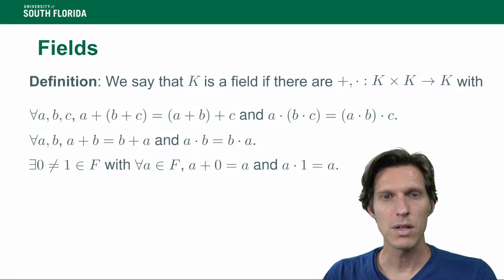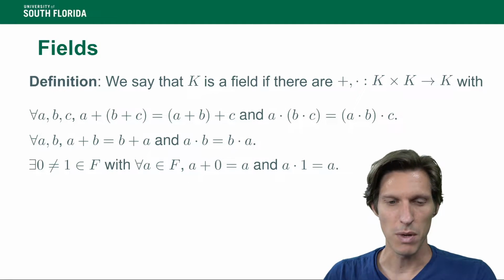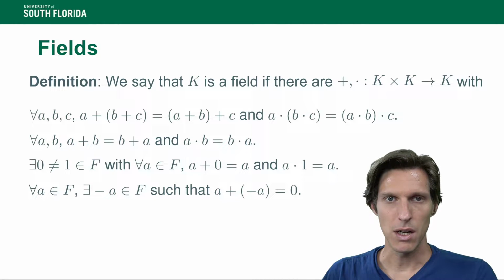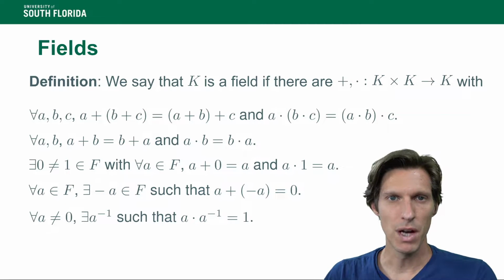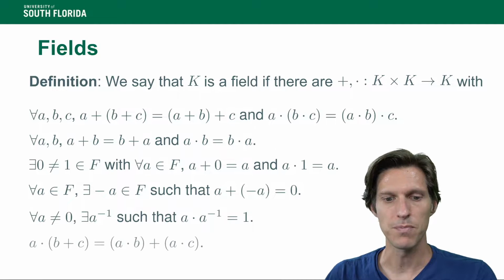Now there are neutral elements, 0 and 1. 0 is the neutral element for the addition and 1 is the neutral element for the multiplication. Every element of the field has an inverse for the addition, and every non-zero element in the field has an inverse for the multiplication.